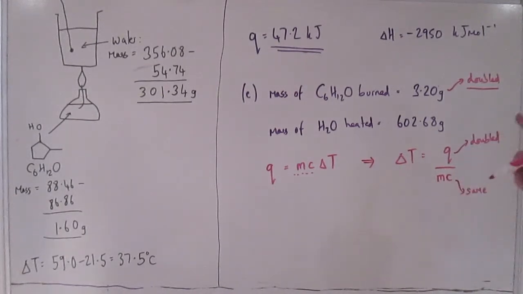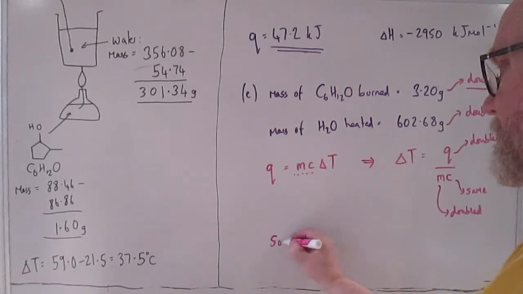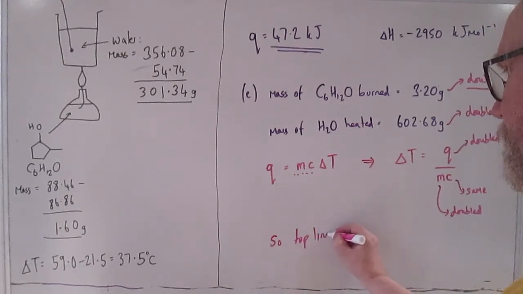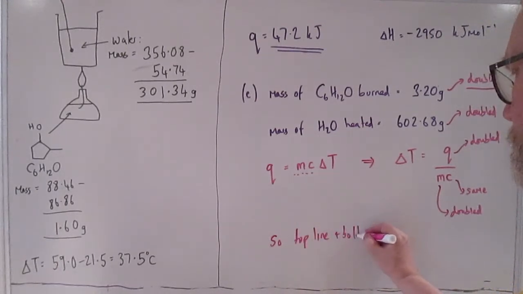But M, remember, is the mass of the water heated, and that was also doubled, because 602.68 is exactly double the amount of water. So what have we done? We've doubled the top line, but we've also doubled the bottom line. So top line and bottom line both double.